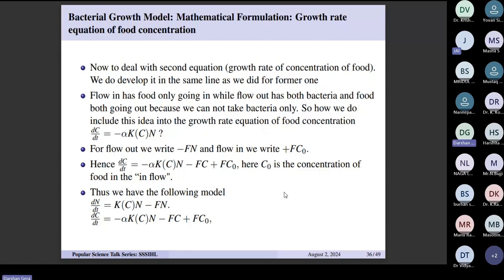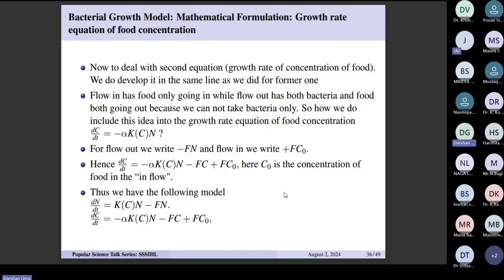Whatever food is getting out will be modeled by minus FC. And if you take the initial concentration of the food getting in as C naught, then it will be modeled by plus FC naught. So the whole equation is dC/dt equal to minus alpha Kcn minus FC plus FC naught. The one for the bacteria we have already developed. So this is your model system.